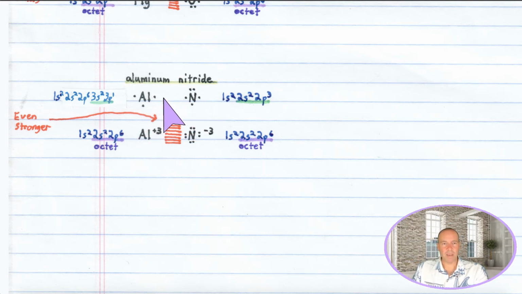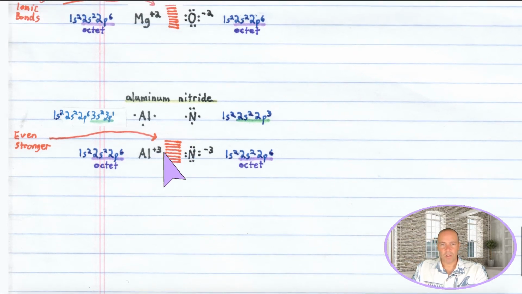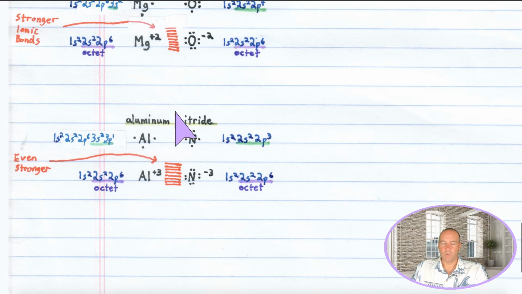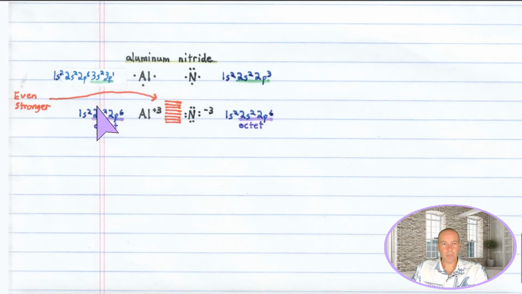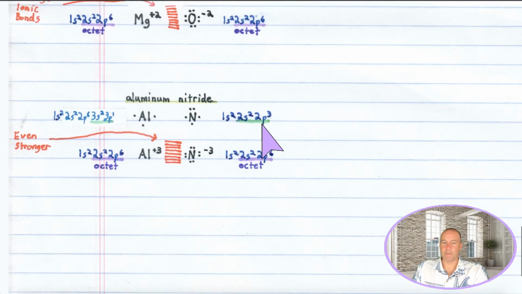And nitrogen gaining 3 electrons becomes a -3 charged ion. So this time you have a powerful cation and anion, +3 charge and -3 charge, that forms an even stronger ionic bond than what we saw before. And again, by losing 3 electrons, you can see that filled second outer shell, that octet on the aluminum and the octet in the second shell on nitrogen. So again, that bonding principle at work.